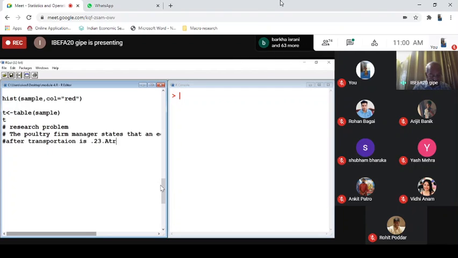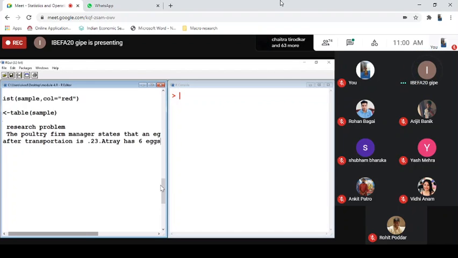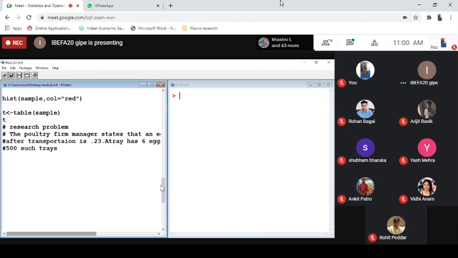A tray has 6 eggs. 500 such trays are transported.